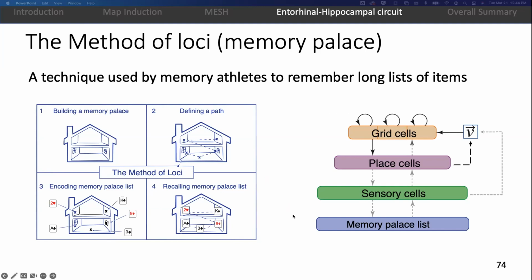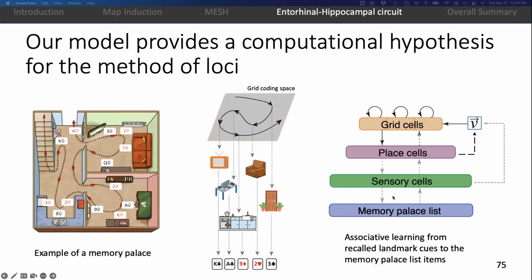So since we have high capacity memory, we can actually associate this memory palace list by adding an additional layer to this model. And what that buys us is that we can completely reconstruct the memory palace list items, right? So it's basically providing a computational hypothesis for constructing this memory palace.